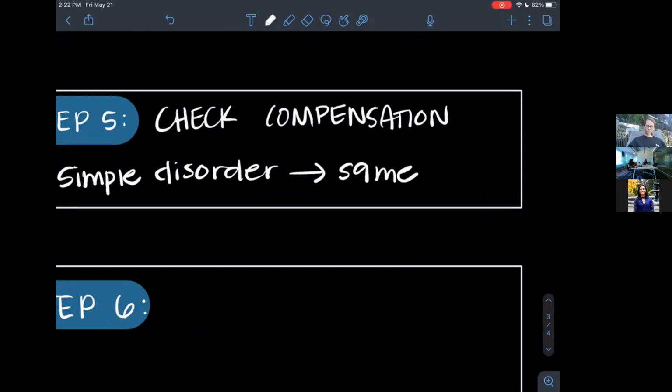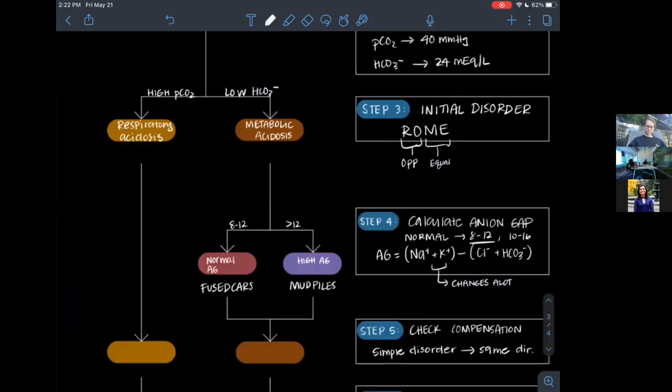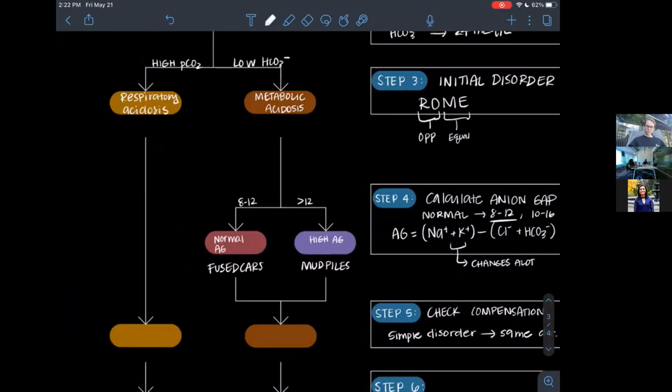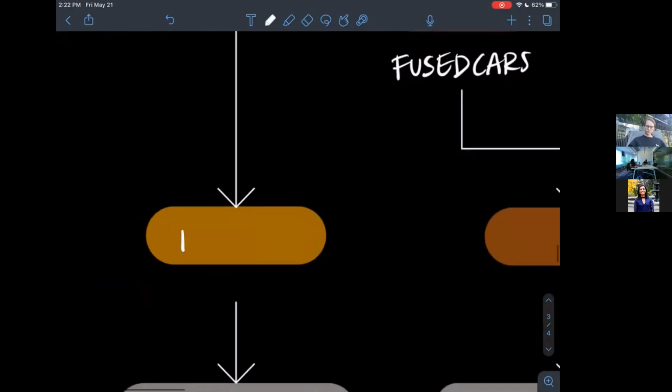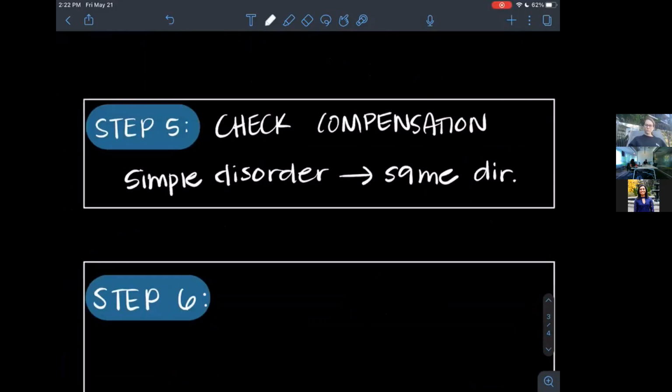So simple is same. So let's say you had a high PCO2 for your respiratory acidosis. Your compensation is going to be high bicarb. And again, when we think back, the reason why is that beautiful Henderson-Hasselbalch formula.